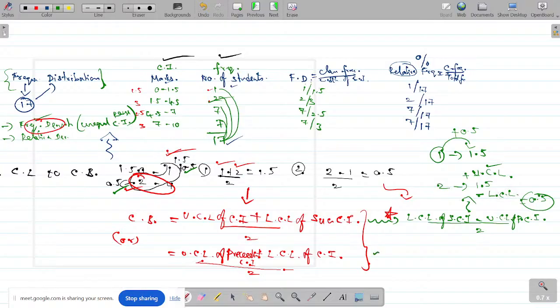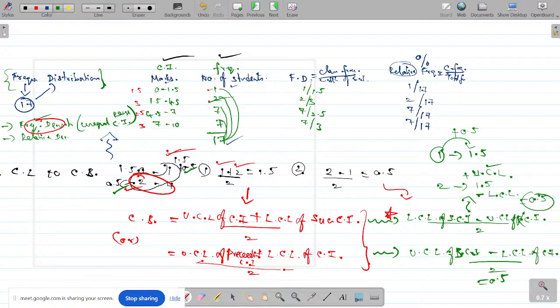So the upper class limit of the preceding class interval, minus the lower class limit of the succeeding class interval, divided by 2. You'll get 0.5.